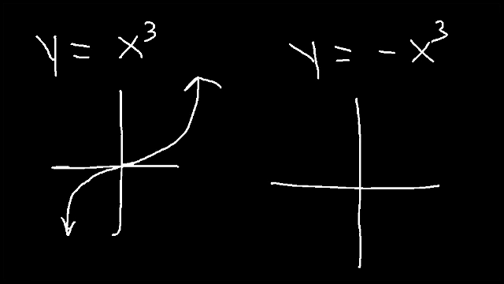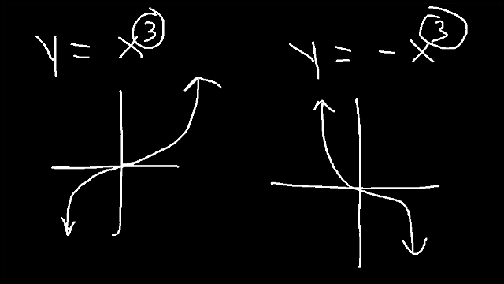So if you have a function that has an odd exponent as the leading term, it's not going to have any absolute minimum or absolute maximum values. But if the exponent of the leading term is even, like x squared or x fourth, then it could have an absolute minimum or an absolute maximum value, depending on if it's negative or positive.